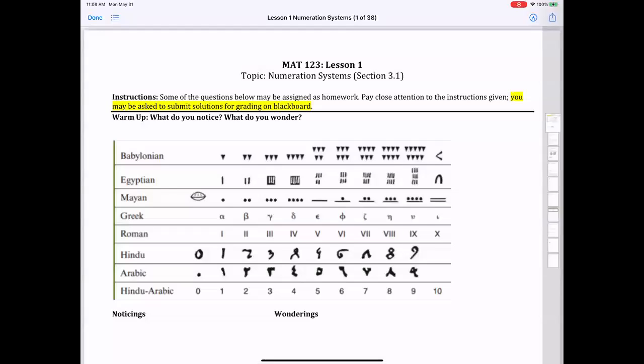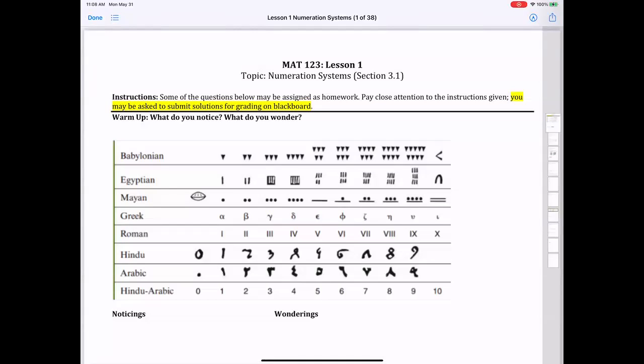So pay attention to the instructions given. You may be asked to submit solutions for grading on Blackboard.